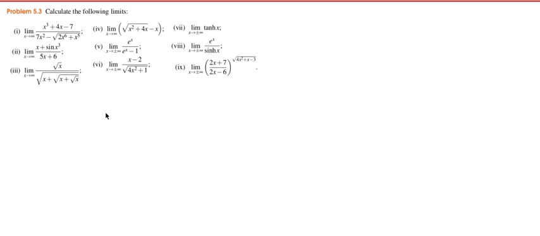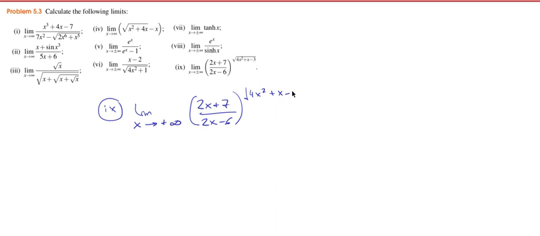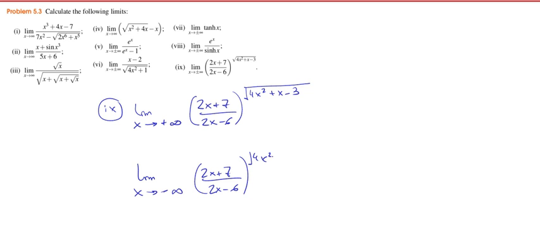Now, let's see, we have the last part, the limit when x goes to plus infinity of 2x plus 7 divided by 2x minus 6 to the 4x squared plus x minus 3, and then the limit when x goes to minus infinity of 2x plus 7 divided by 2x minus 6 to the 4x squared plus x minus 3, right?